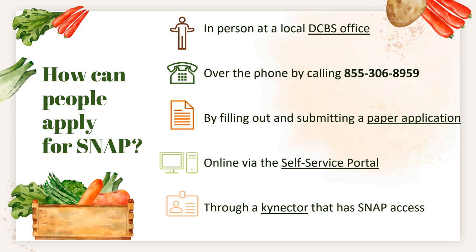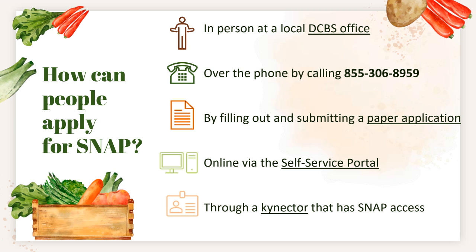There's one, of course, that we're going to talk about the most because that's my program, but folks can apply in person at their local DCBS office. There's a link that's available in the resources for how to find your local DCBS office. Folks can apply over the phone by calling this 855 number. They can fill out a paper application and submit that to their local office.